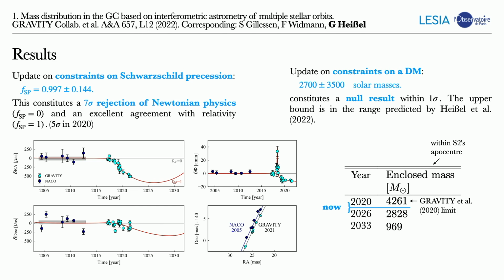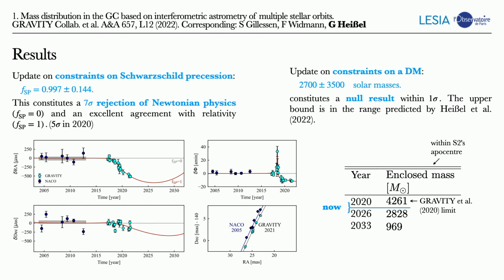And we improved the dark mass constraints from 4,300 solar masses to 3,500 solar masses within the apocenter radius of S2. When I saw that, I was quite happy, because the paper before gave the theoretical prediction, which would be between 2020 and 2026, and the constraint really falls in here. So that means at least we didn't screw up completely on the theoretical paper.